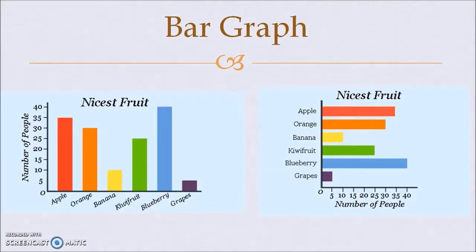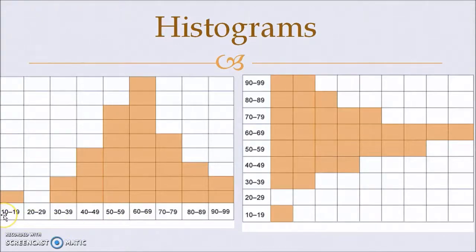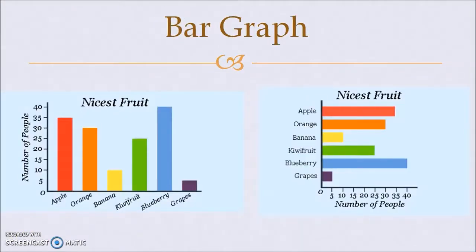If you look at a histogram, your horizontal axis is a quantitative quantity. It is numbers. But in a bar graph, it is actually qualitative. So it is apples, oranges, bananas. So that is one of the biggest differences between a bar graph and a histogram.